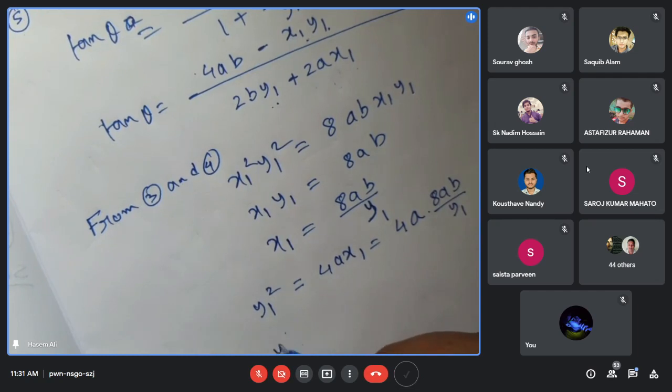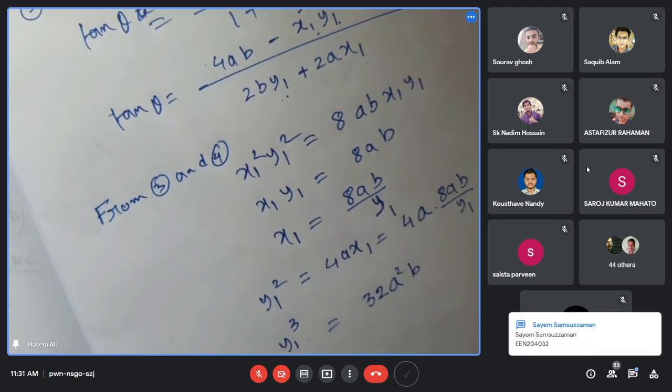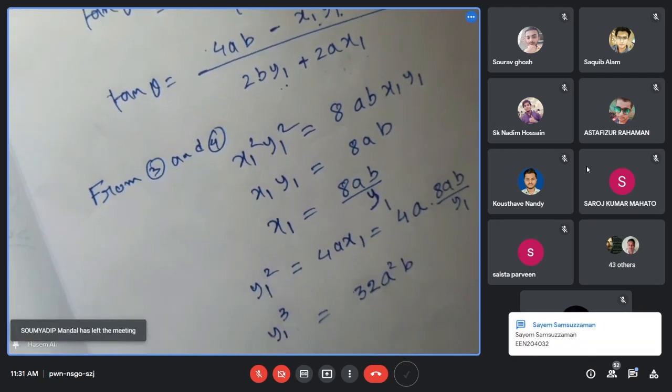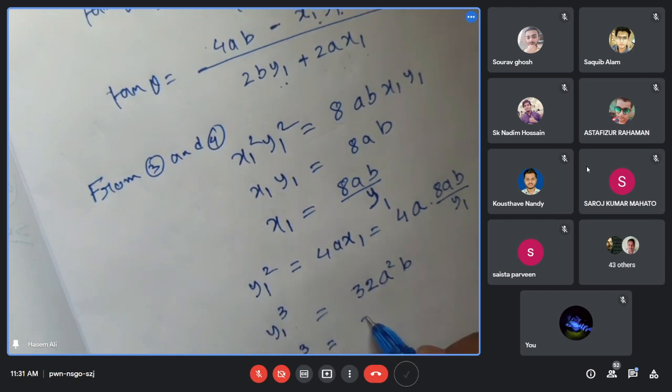That means y1 cube equals 32 a square b. So similarly, x1 cube will be 32 b square a.